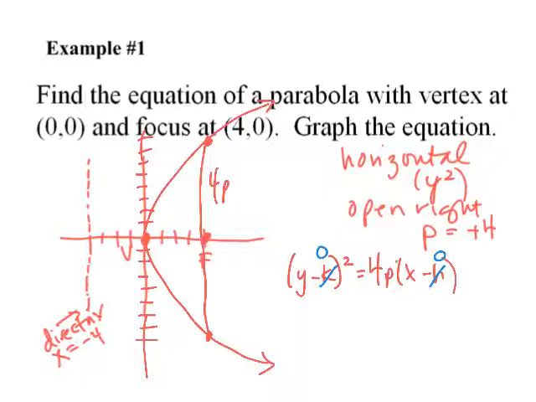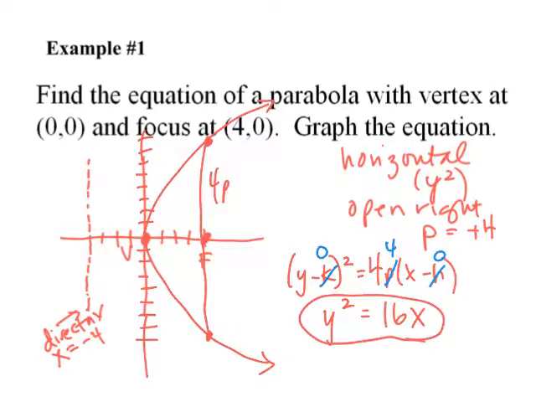And we know p is 4. That's the distance. So when we are done, we have a very simple y squared equals 16x. And that is the equation of this parabola shown here. When you have the vertex at (0, 0), you're going to have very short little equations where there are no parentheses needed or anything like that.